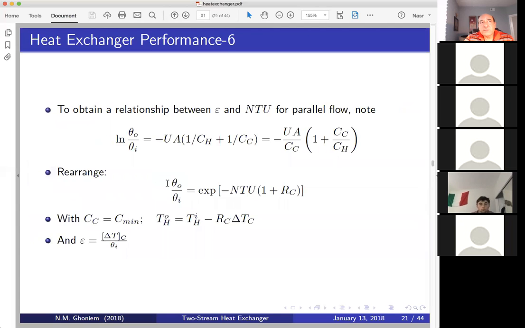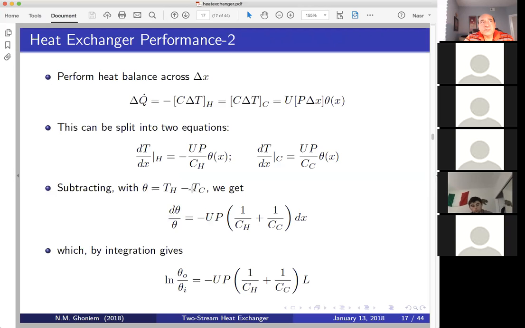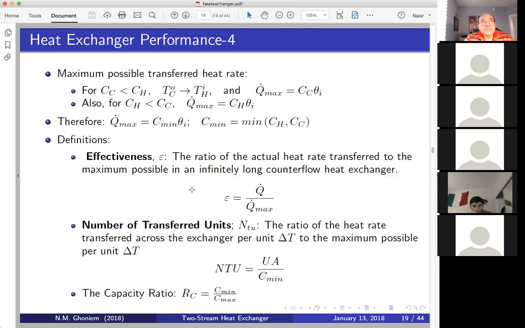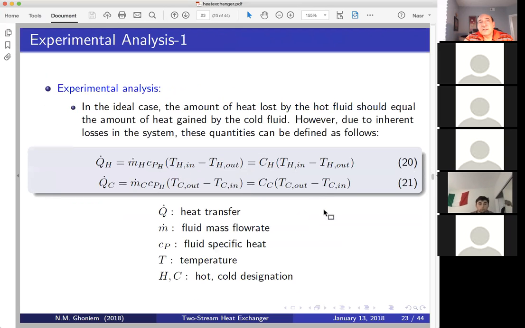One is measurements: epsilon is Q dot divided by Q dot max. This is pure measurements. And one is theory, which is an equation. So we have the NTU and R sub C, and you get epsilon. So those are the relationships that we needed to plot epsilon as a function of NTU, both theory and experiment.